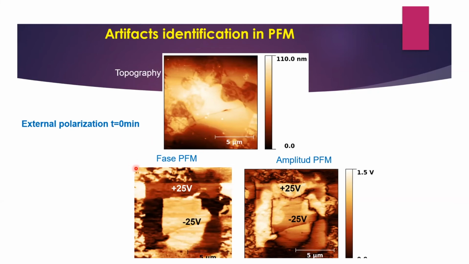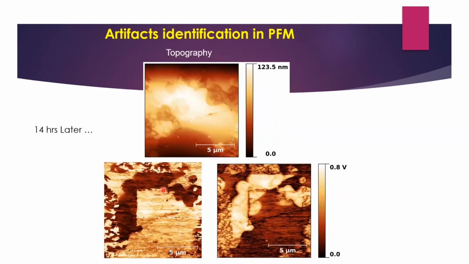However, this measurement was at time zero, immediately after applying this voltage. Later we can see that these domains disappear in this region, and the polarization is conserved in this region of the sample.